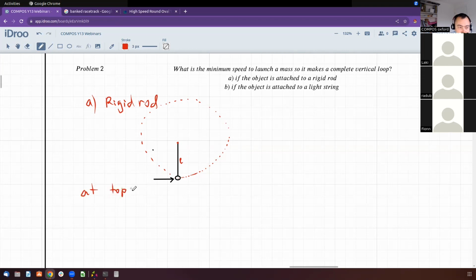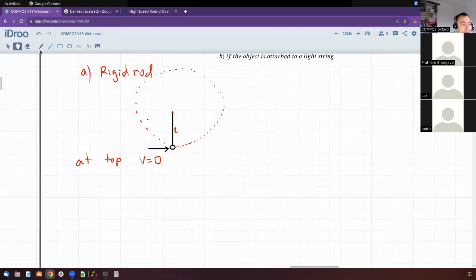So at the top, velocity is 0. Okay, therefore, we use conservation of energy, and Alex, I think you are correct. Root 4 mgL, I think so, yeah.